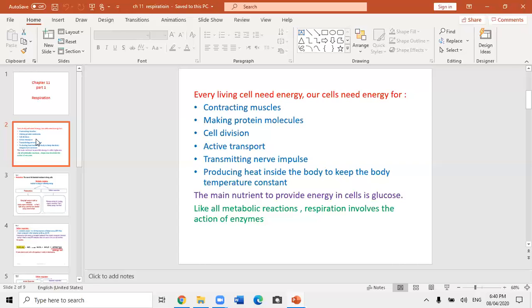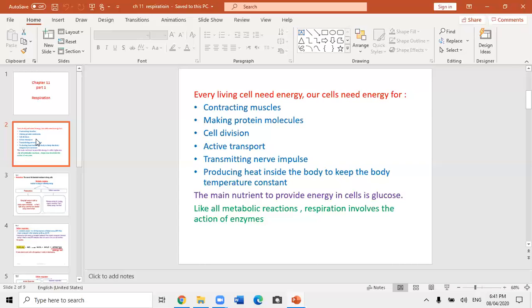All of this energy comes from the food that we eat. The food is digested, which means it's broken down into smaller molecules. Then they are absorbed from the intestine into the blood. Then the blood transports these nutrients to all the cells in the body.